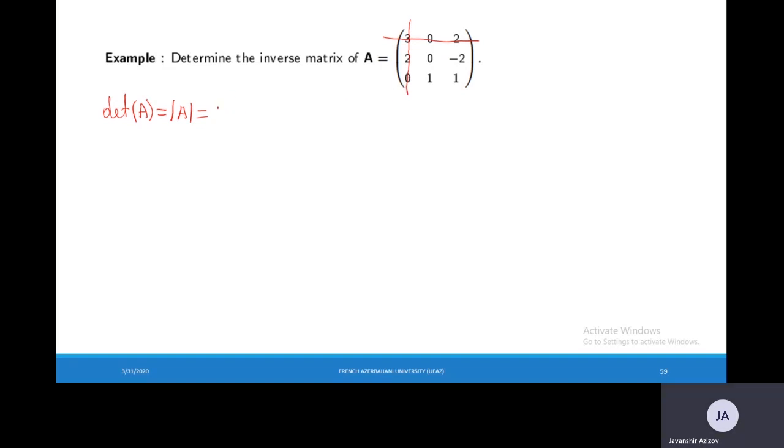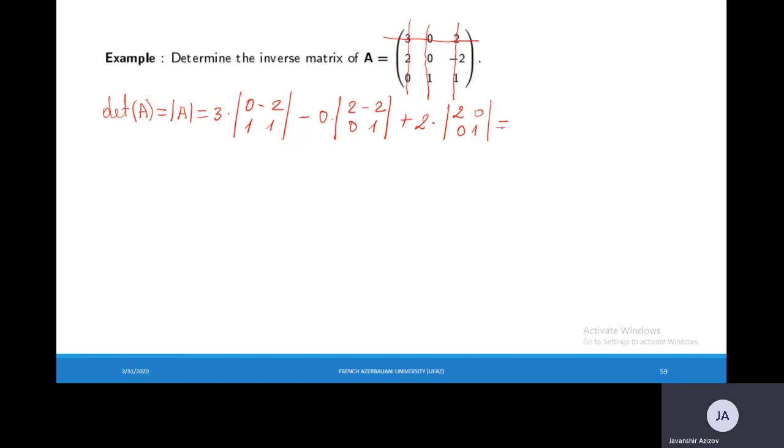Then the first term will be 3 times this minor, 0 minus 2, 1, 1, minus, then we delete the first row and second column, and take 0 times the minor 2 minus 2, 0, 1, plus, then we delete the first row and last column, and take 2 times the minor 2, 0, 0, 1.